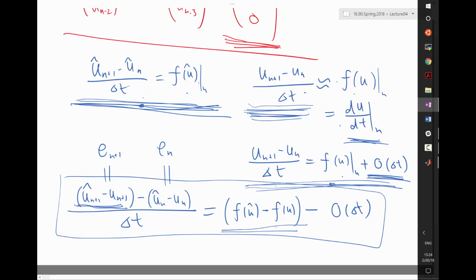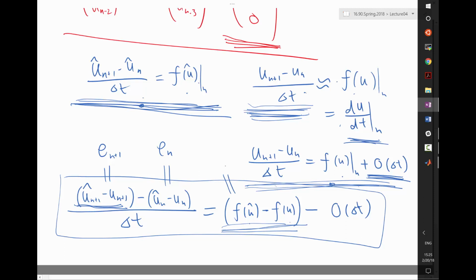Well, dealing with this term is simplest if the f of û is linear. And if f of û is nonlinear, we need a special technique called linearization. And linearization assumes that the analytical and numerical solution are small so that you can treat the f as if it's a linear operator.